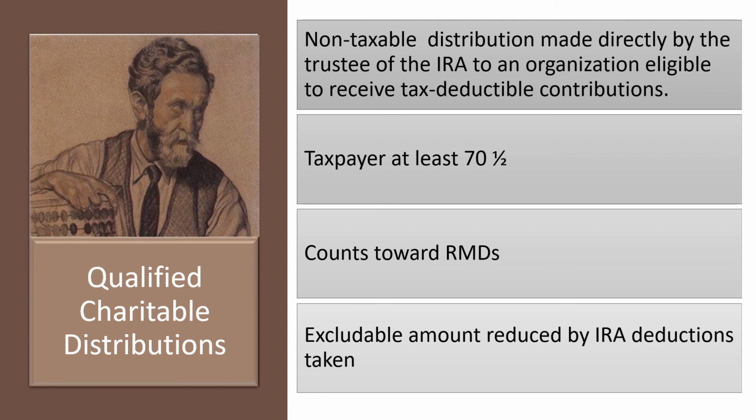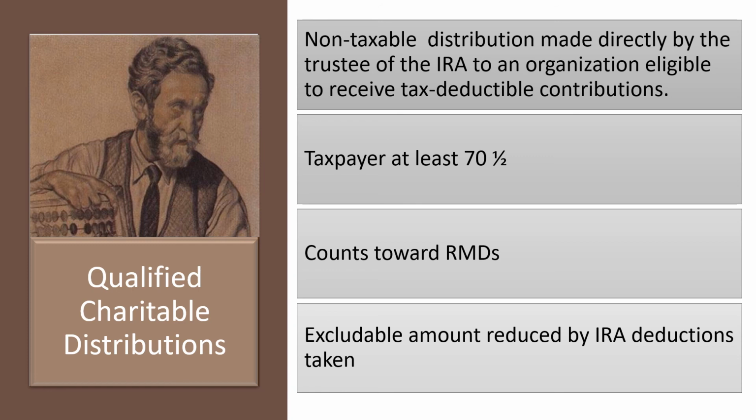And the important thing is that this counts towards the required minimum distributions. This qualified charitable distribution can also be excluded from our taxpayers' income. There are instructions on how to do this in Publication 4012, so if you run across somebody who has made one of these, you'll want to look up in Publication 4012 how to do that.